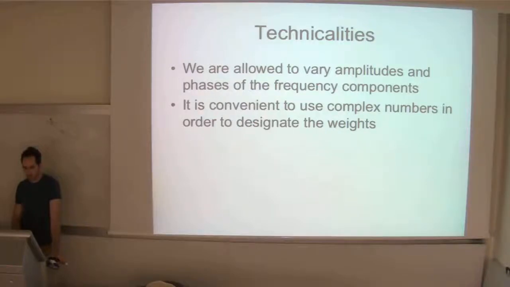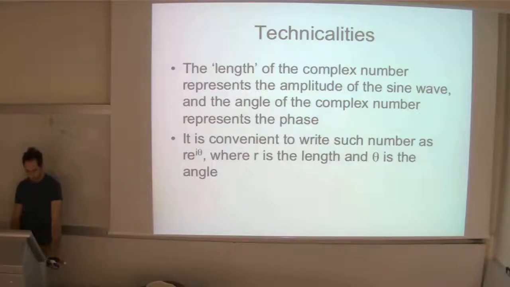and usually we describe the Fourier transform results with a complex number in order to designate the weight. What does it mean? The length of a complex number represents the amplitude of the sine wave, and the angle of the complex number represents the phase.